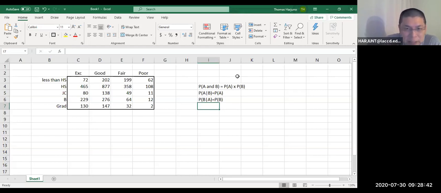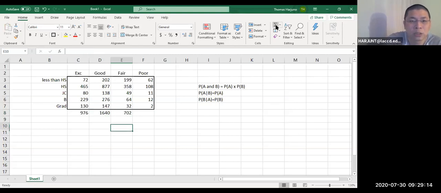Based on this principle, we will find the expected number of people in each of these entries here, if that were true. So what I will do is the following. I will do the sum here. The sum here.